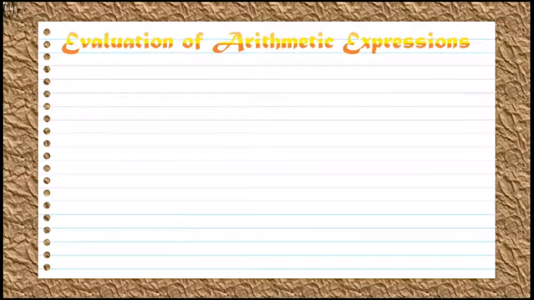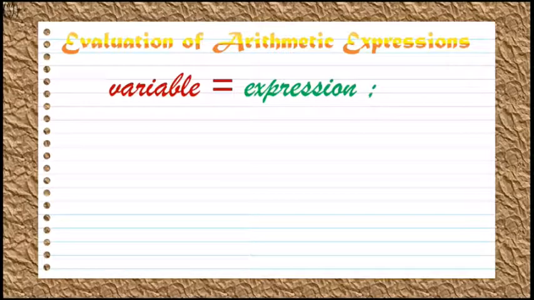Now we will see evaluation of arithmetic expressions. Expressions are evaluated using an assignment statement of the form variable equal to expression and then semicolon. Here variable is any valid C variable name, and expression is any valid C expression.